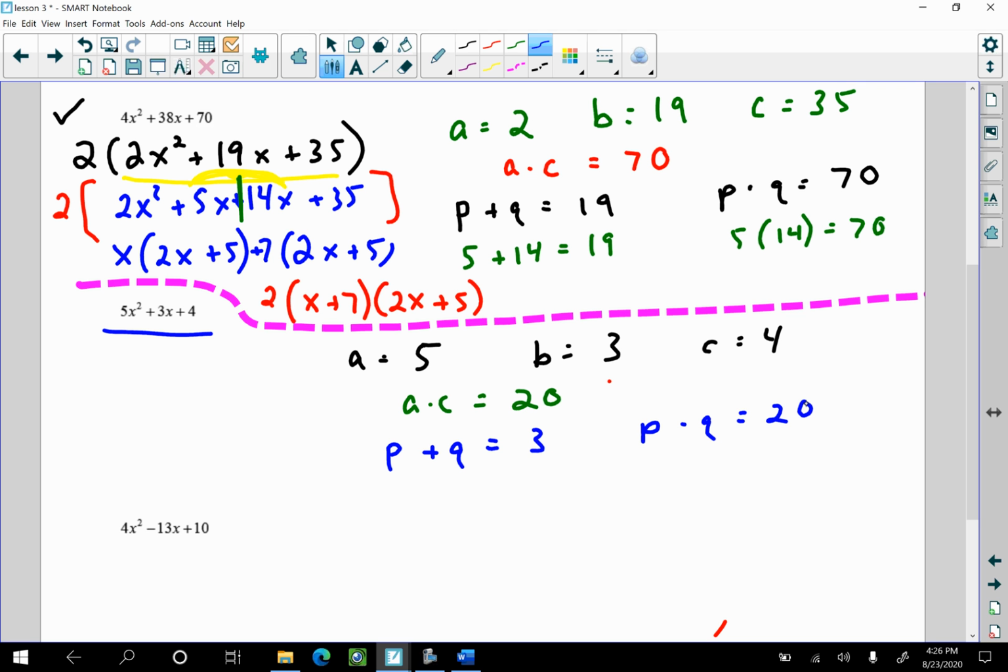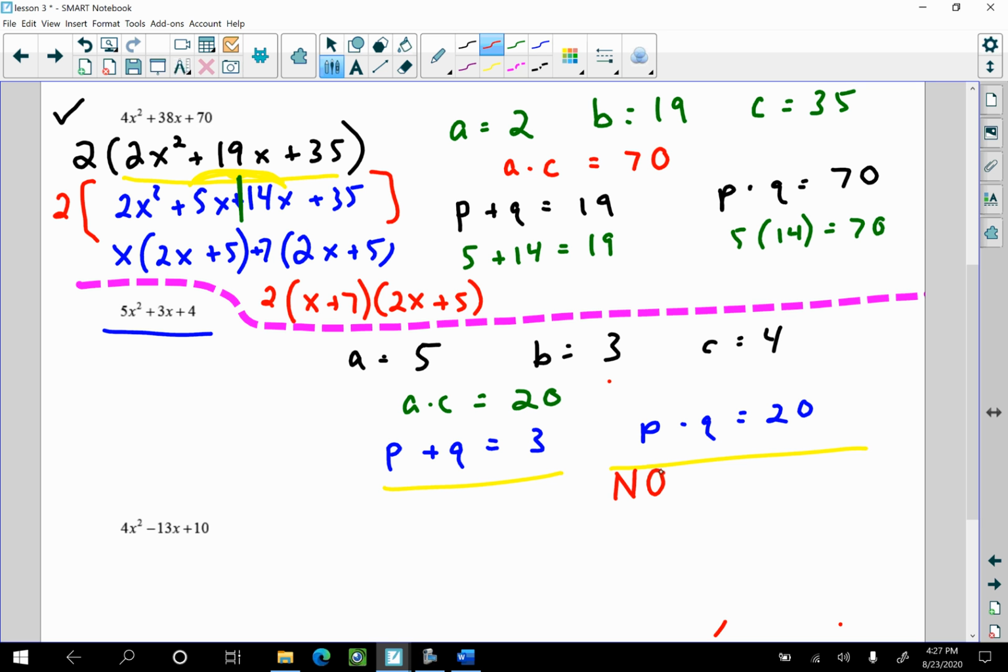Well, tell me, ladies and gentlemen, boys and girls, friends and neighbors, dudes and dudettes, cowboys and cowgirls, are there any two numbers that add up to 3 that multiply together equal 20? The answer to that is a big, giant, absolutely not.